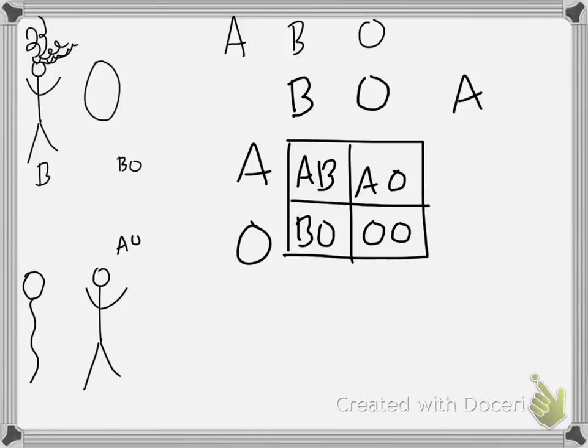They could have a child who is an AB blood group. They could have a child who shows up as an A blood group. They could have a child who shows up as a B blood group. Or they could have somebody who is an O blood type. All of those are their own phenotypes. Okay, they're both expressed. So if you are type AB blood, you are expressing the allele for both A and B factors in the blood.